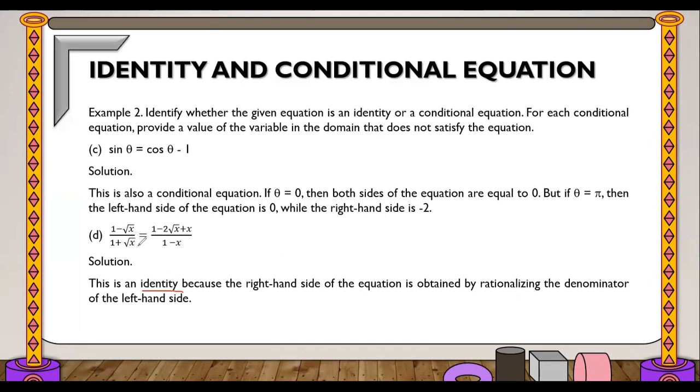Mapapansin mo kasi sa ating right-hand side, yan ay result lang ng pag-rationalize ng left-hand side. Pag ni-rationalize mo yan, ito ang magiging result. So therefore, for all domain x, this expression defined in any domain x, magiging true statement lang siya. Okay?